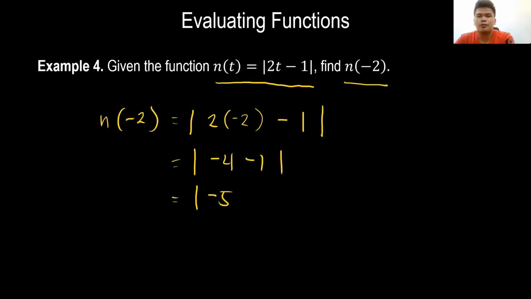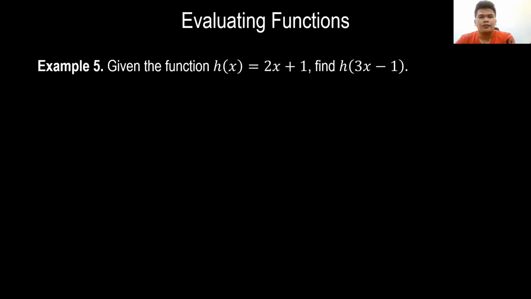Since negative 4 minus 1, that's equal to negative 5. Now, the absolute value of negative 5 is equal to 5. So therefore, our output when t is equal to negative 2 is 5. Now let's proceed to our fifth example.